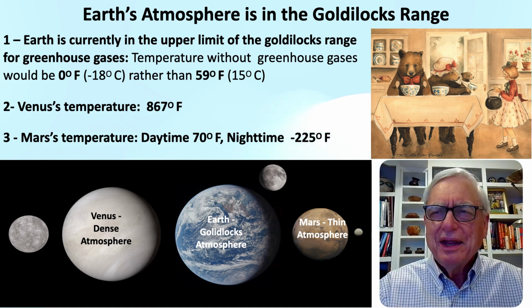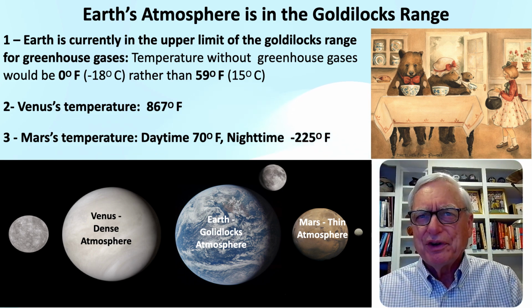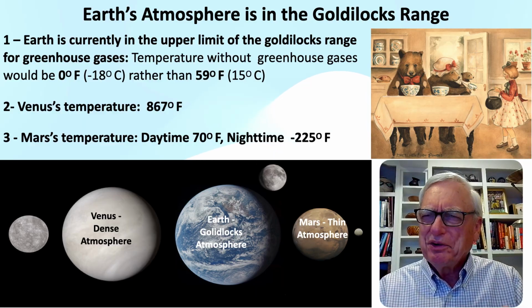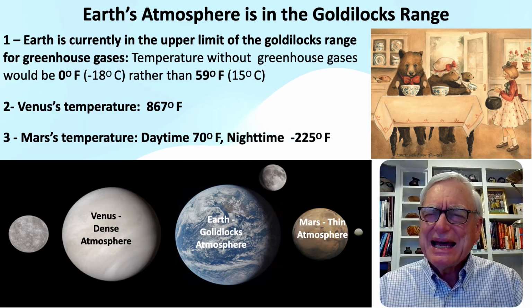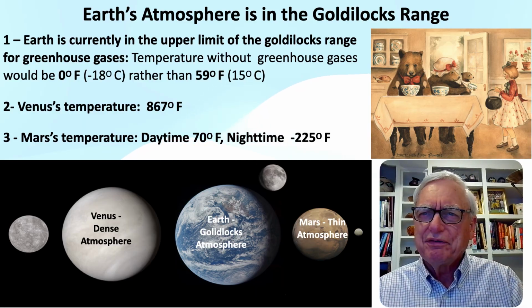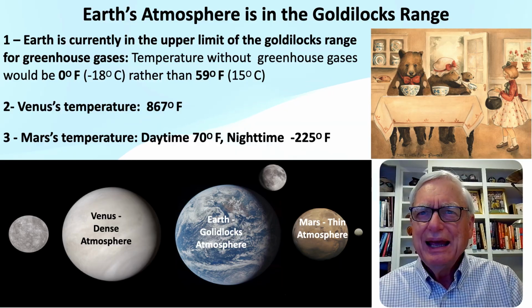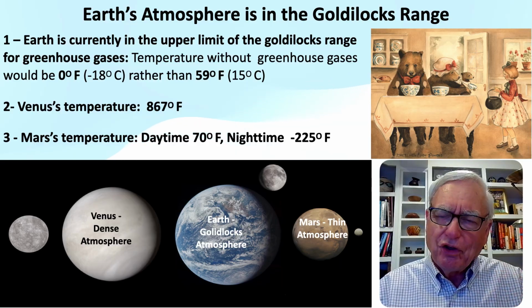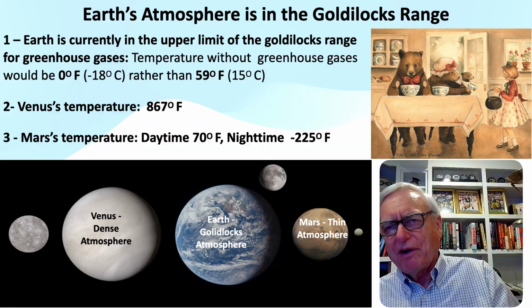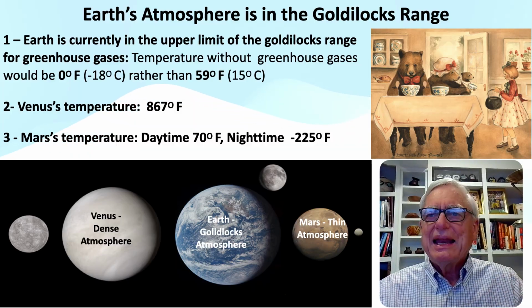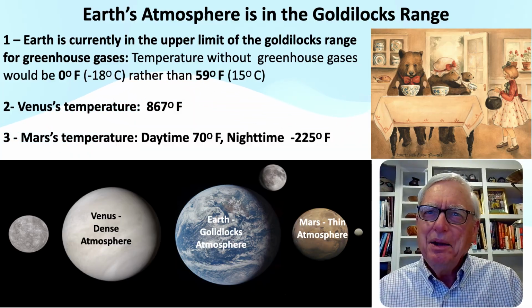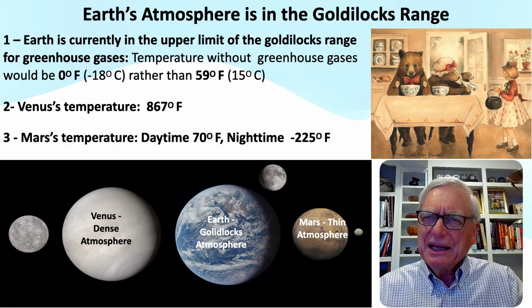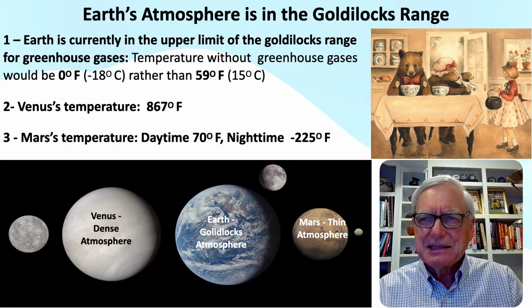Mars has a very thin atmosphere, and it's normally 70 degrees Fahrenheit during the day, but at nighttime it's minus 225 degrees Fahrenheit. I understand Venus is closer to the sun, and Mars is farther away from the sun than Earth is, and that has some impact. But most of that impact really comes from the atmospheric levels around those planets.